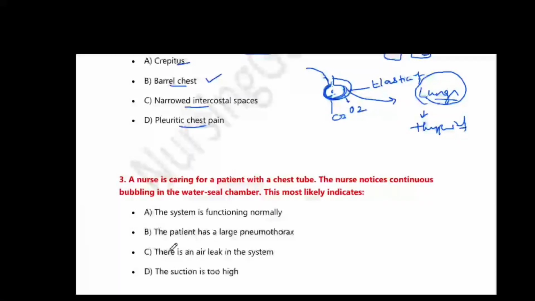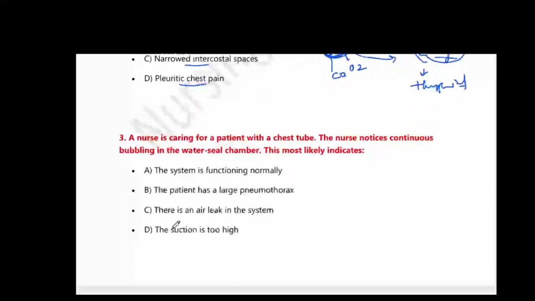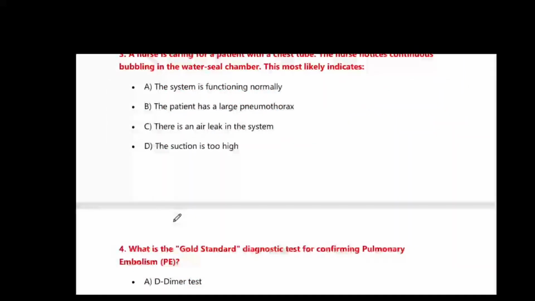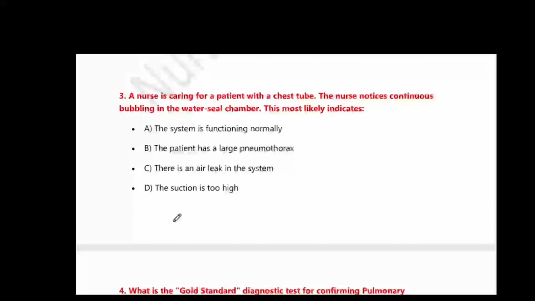Okay, next we will move on to third MCQ. A nurse is caring for a patient with a chest tube. The nurse notices continuous bubbling in the water seal chamber. What does this most likely indicate?